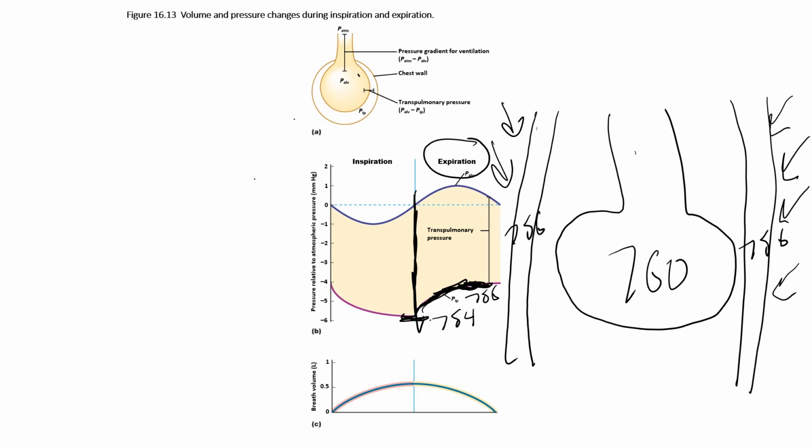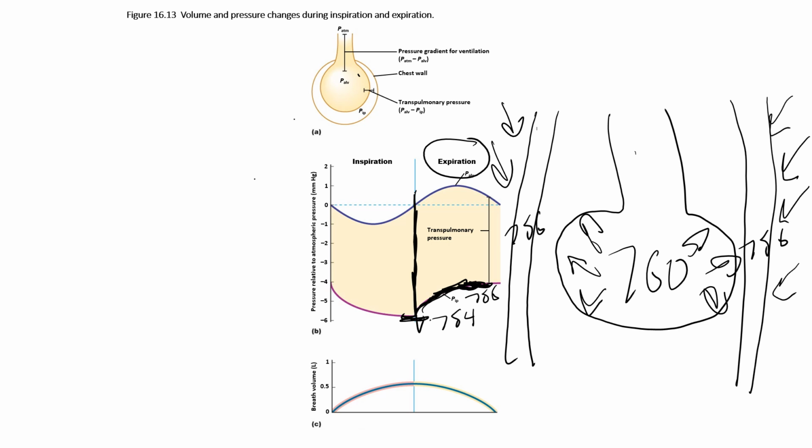Okay, so now the driving force, which driving force is always transpulmonary pressure, the difference between intra-alveolar pressure and intrapleural pressure, the driving force has decreased. The gradient has decreased. The air in the alveoli doesn't want to expand outwards as forcefully anymore because there's not as big of a gradient.